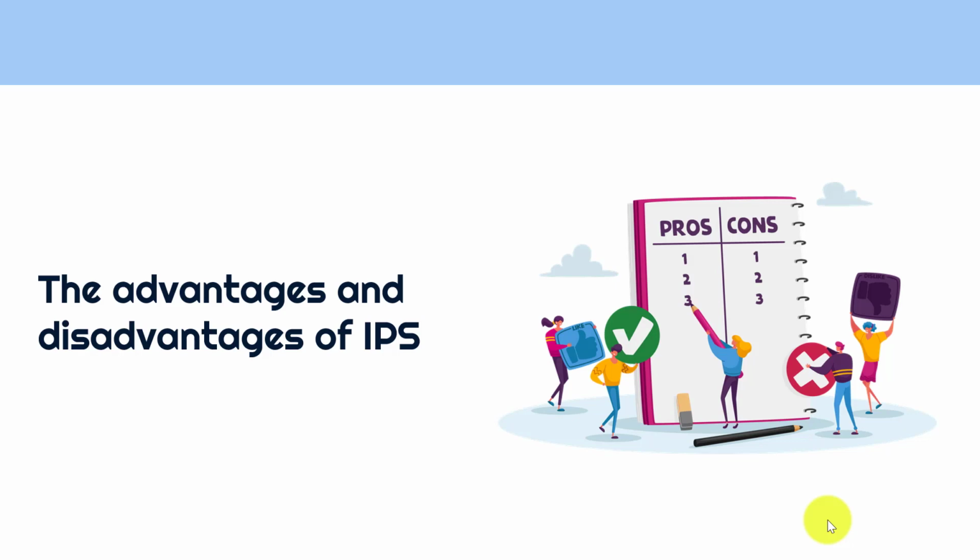IPS systems can detect and block security threats in real time, preventing them from causing damage or stealing sensitive data. The second one, comprehensive protection. IPS systems can protect against a wide range of security threats, including viruses, malware, hacking attempts, and denial of service attacks.